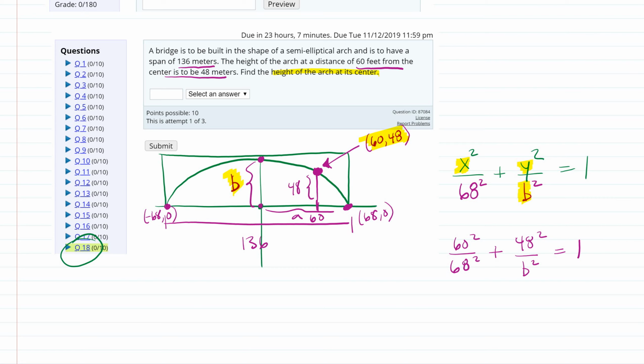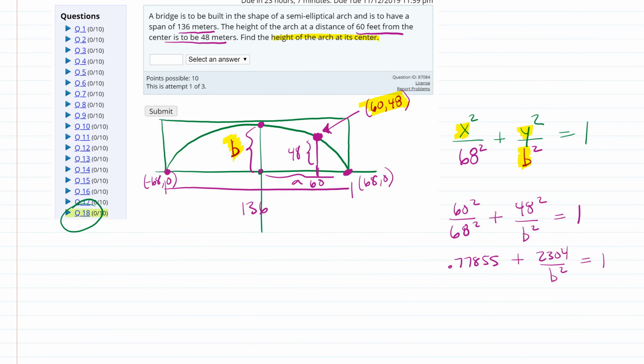So 60 squared divided by 68 squared is 0.77855 plus 48 squared, which is 2,304, over b squared equals 1. We need to subtract this decimal from both sides.